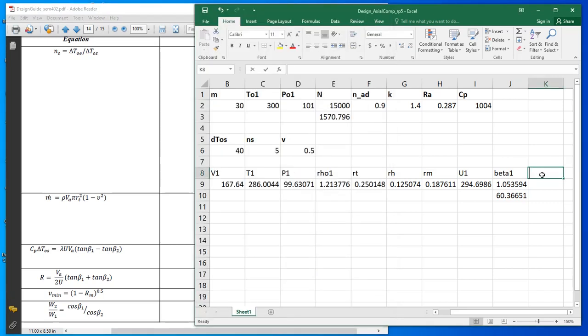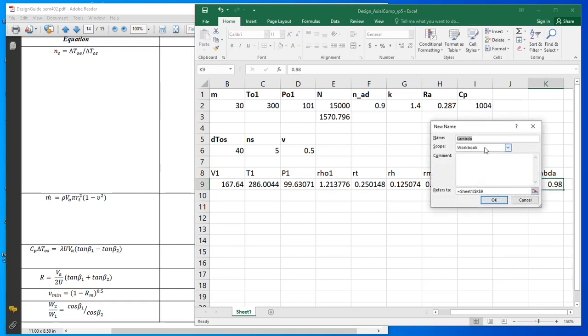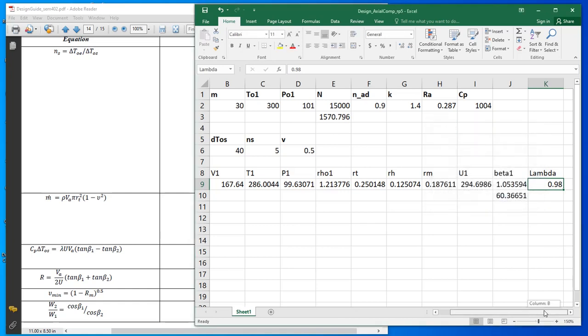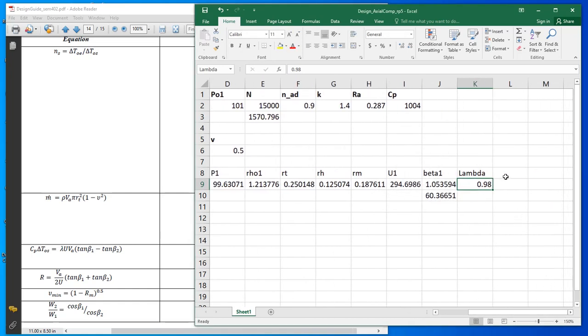So let's write our beta 2 over here. Or before we go to beta 2, we can declare our lambda, which is 0.98. So here is your lambda. Define name lambda, because we will need the lambda value.